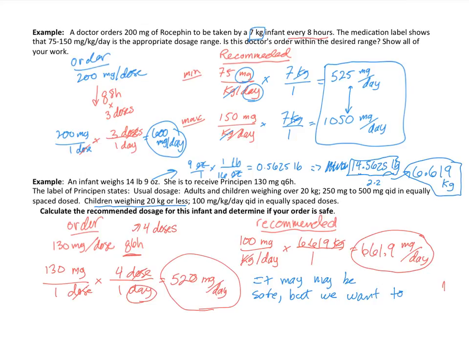Why? Because it is significantly less than the recommended amount. Now you might be saying, can't you just give it because it's less? It's not going to really hurt the patient if they receive less. And we can't know that for sure. We tend to think about taking too much medication as being not safe, but sometimes taking not enough is equally as inappropriate.